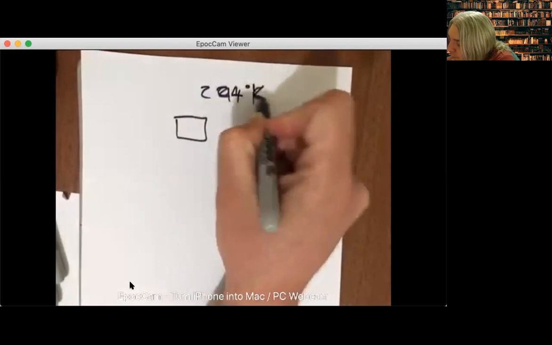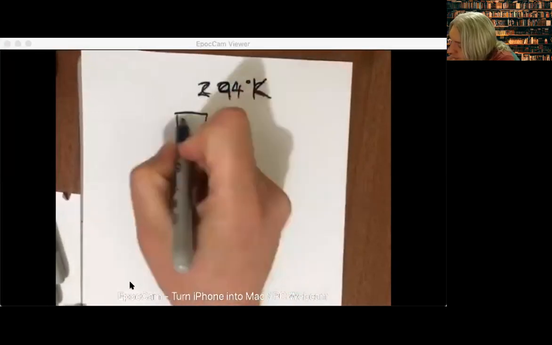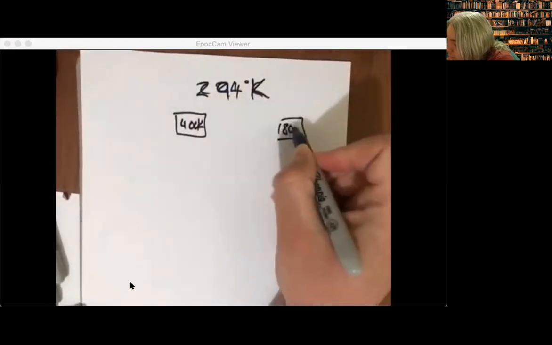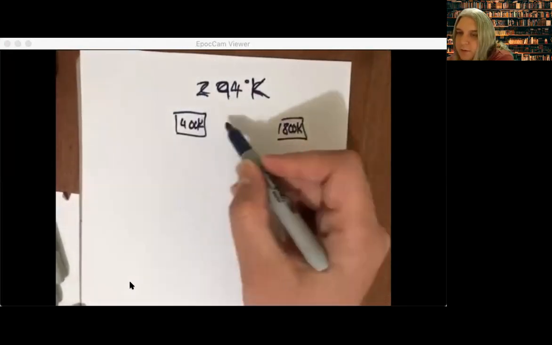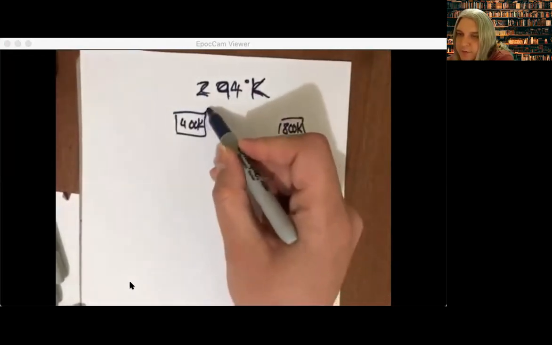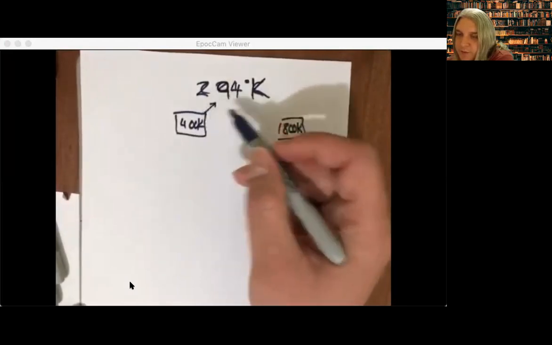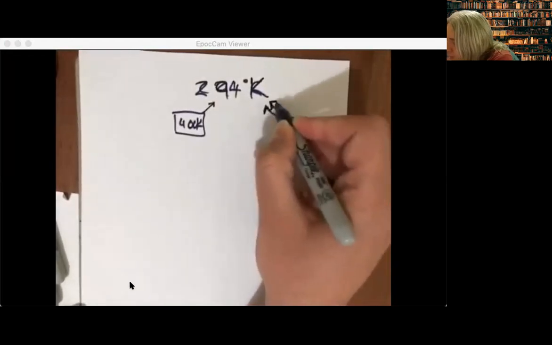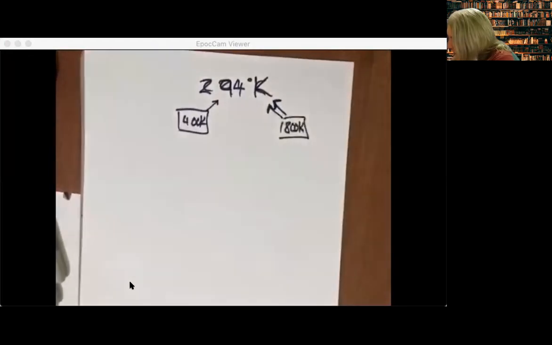We've got an object at, say, 400 Kelvin, and then one at 800 Kelvin, so this is twice as hot. Then obviously this one will be a net emitter, but only based on the difference of these fourth powers. This one will emit a lot more. They'll both be absorbing the same, so this one will have the greatest net heat flow rate.